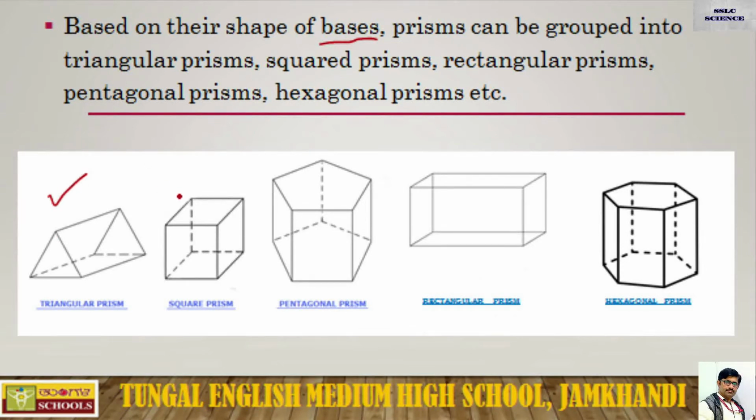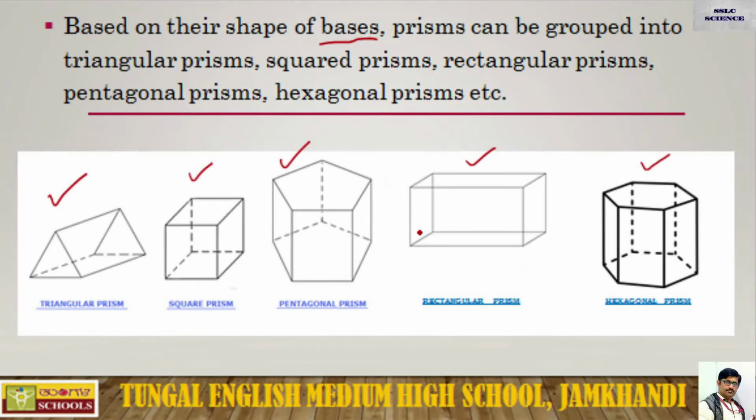If you are having a square base, it is called a square prism. Similarly, if you are having a rectangular base, that is called a rectangular prism. And if the base is a pentagon, then it is a pentagonal prism. Similarly, if it is 6-sided, then it is called a hexagonal prism.